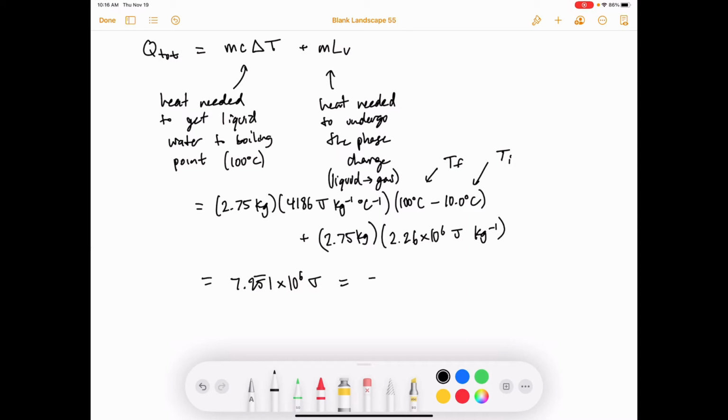So that will be 7.25 times 10 to the 6 joules, or equivalently 7.25 megajoules. Remember, M is the prefix for mega, which is 10 to the 6. So that's how much energy you need to add to this water in order to get it all to boil away.